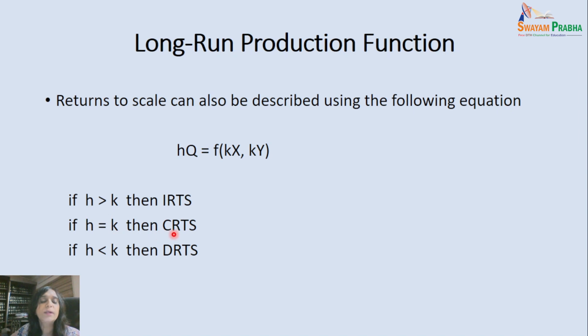Then it is called constant returns to scale. Third is when the change in output h is less than the change in input k, then it is called decreasing returns to scale. So by calculating how much is the change in output due to the change in input, we can talk about whether the returns to scale are increasing, constant or decreasing.